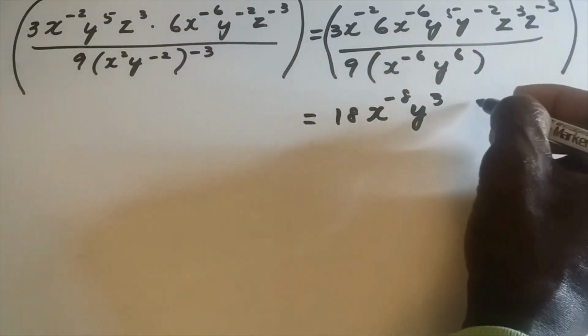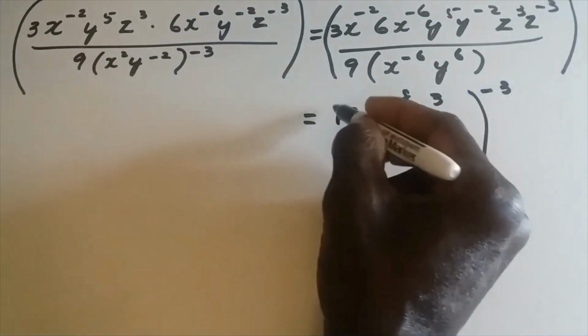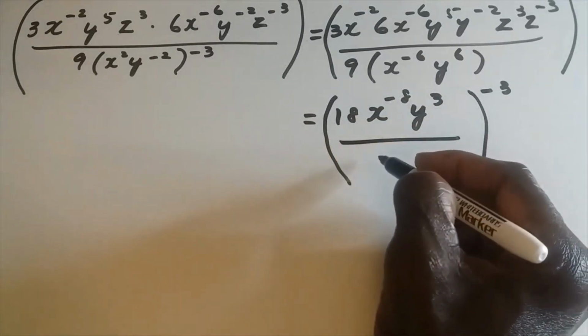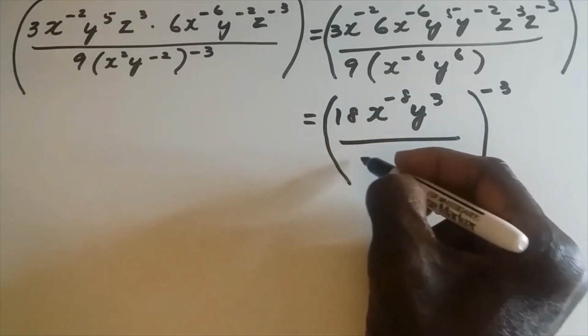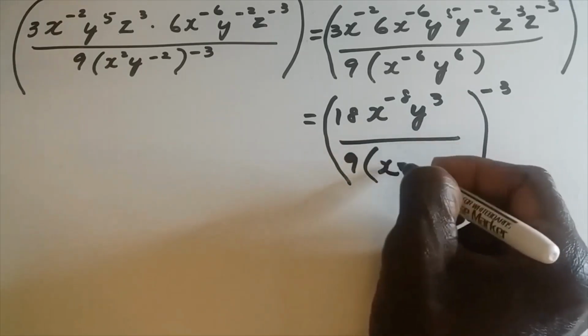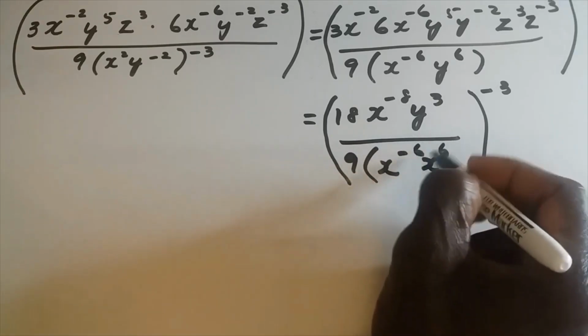So we leave it as is. Remember, all this is raised to the negative 3 power. And in the denominator we have 9, brackets, x to the minus 6, x to the 6, y to the 6.